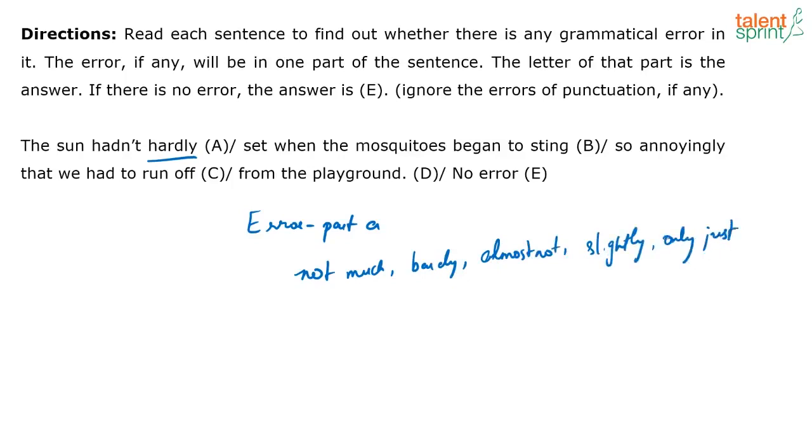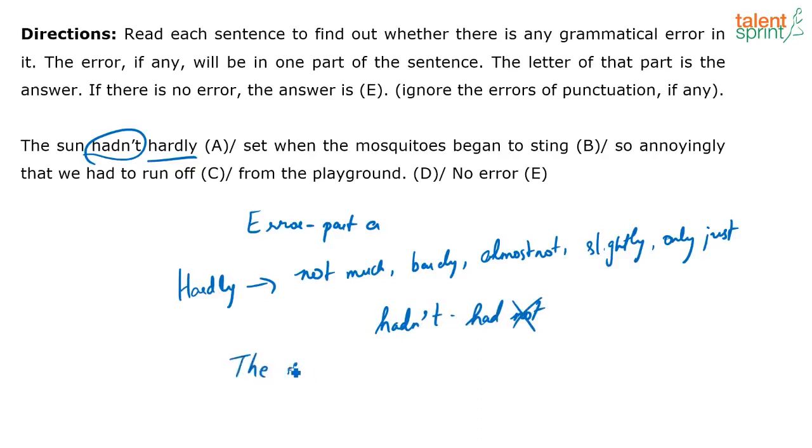So hardly itself expresses a negative meaning, which means I don't need this had not. What I need to change is, hadn't is nothing but the contracted form of had not. So I need to remove this not, and then I change the part to the sun had hardly set when the mosquitoes.